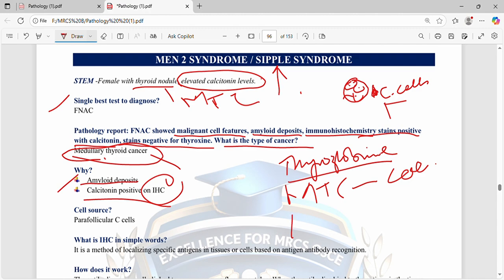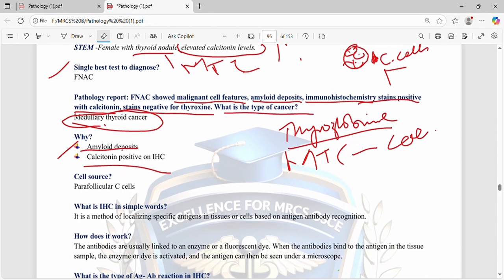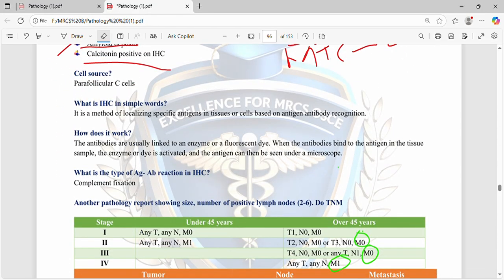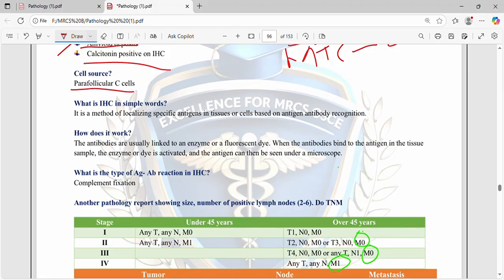The cell source is parafollicular cells or C cells. What is IHC in simple words? It is a method of localizing a specific antigen in tissue or cells based on antigen-antibody reaction. The antibodies are usually linked to an enzyme or fluorescent dye.